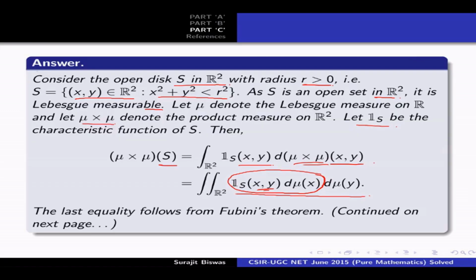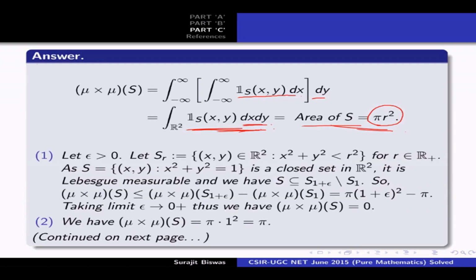Okay, so let epsilon be bigger than 0, and let S_r equal the set of points in R2 such that x square plus y square is less than r square, for r in R plus. As S equal to {(x,y): x square plus y square equal to 1} is a closed set in R2, it is Lebesgue measurable, and we have S subset of S_(1+epsilon) minus S_1.